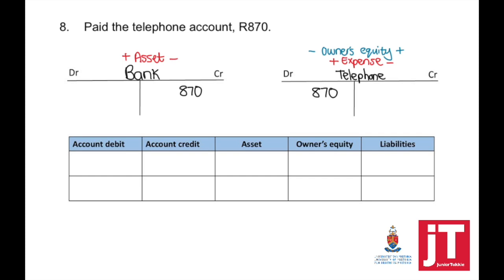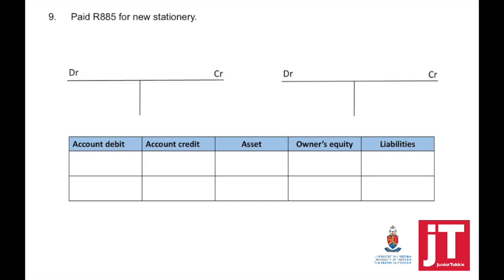Because telephone is debited, our expense increase, it will have a negative effect on the owner's equity.